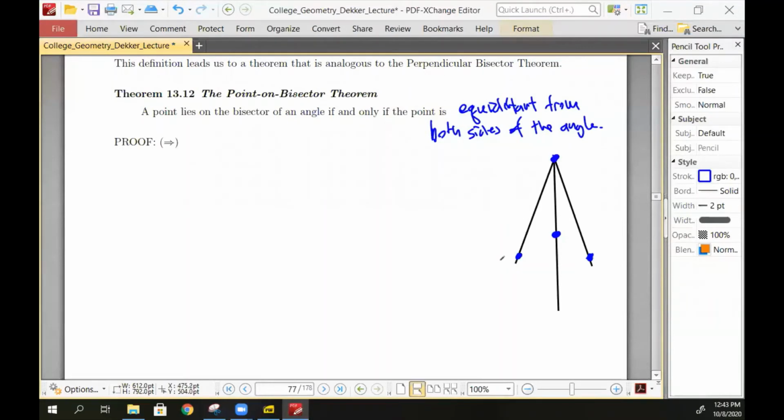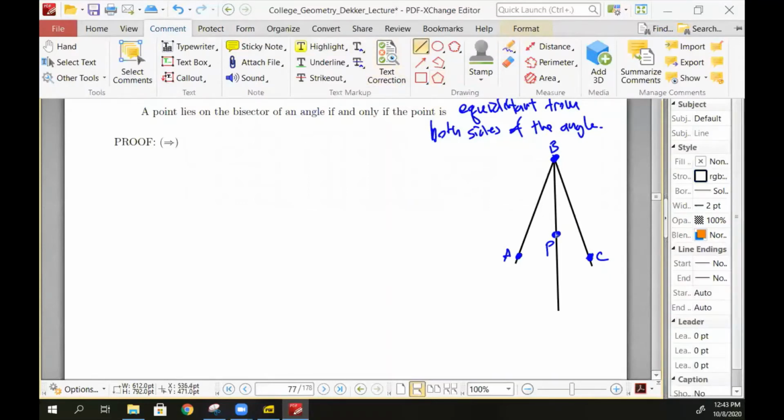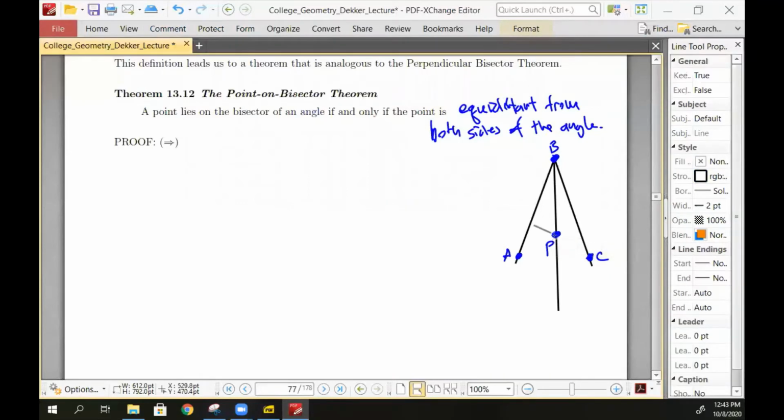If we call this A, B, C, the point P will lie on the bisector if and only if it's equidistant from both sides. So let's draw the lines in that would make it equidistant as well, for that given distance.